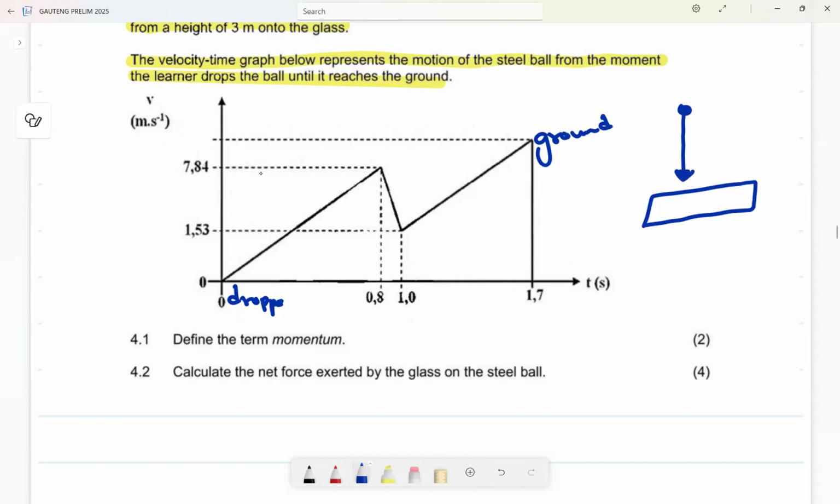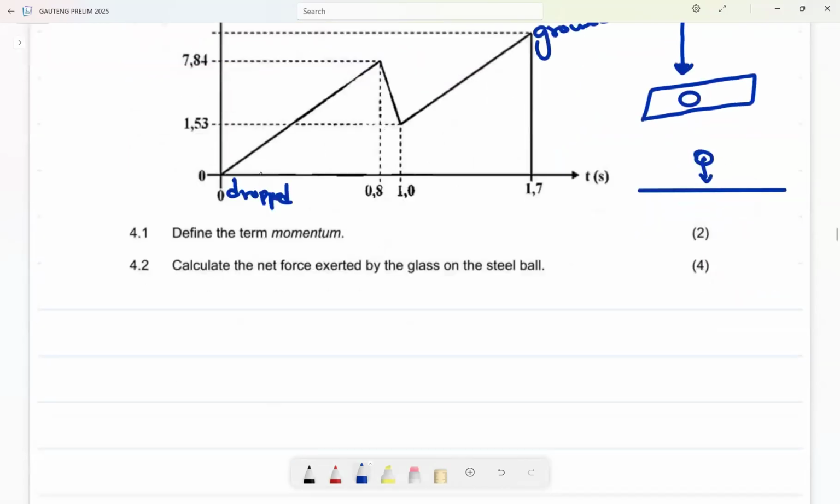Remember, if it is dropped, it's going to have an initial velocity of 0. Then the ball is going to break the glass and move downward until it reaches the ground. This is the scenario, guys.